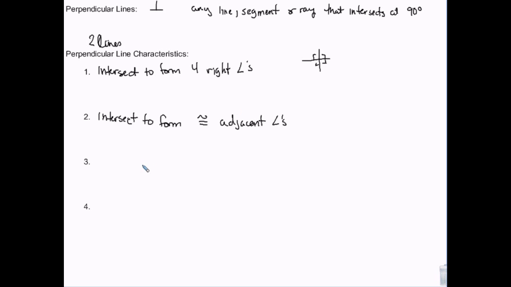Now, if you have perpendicular lines, you have congruent adjacent angles. But if you have congruent adjacent angles, they're not necessarily perpendicular, because I could have 2 angles right next to each other that are 20 and 20, and that doesn't make it perpendicular. Does that make sense? So this kind of goes one direction, but not backwards.